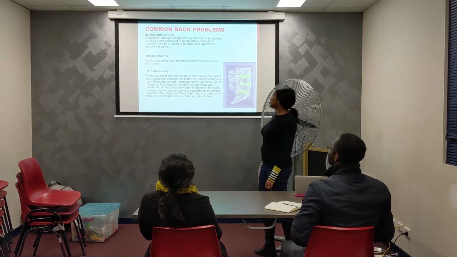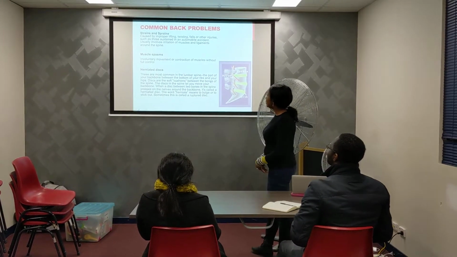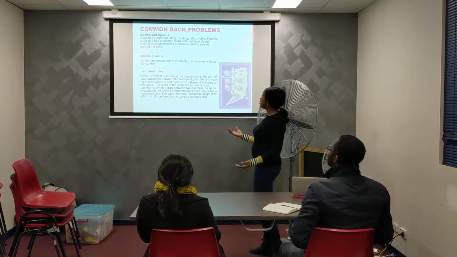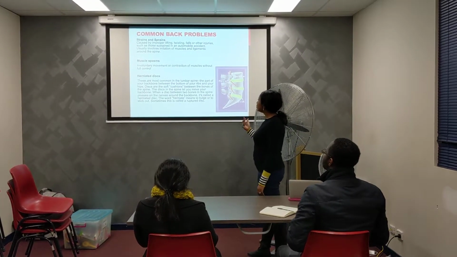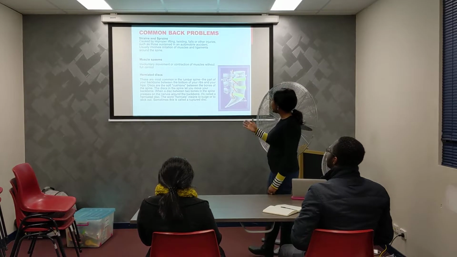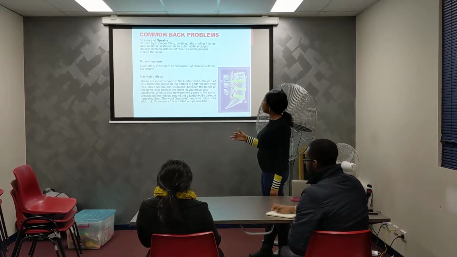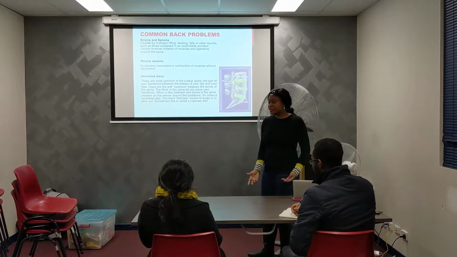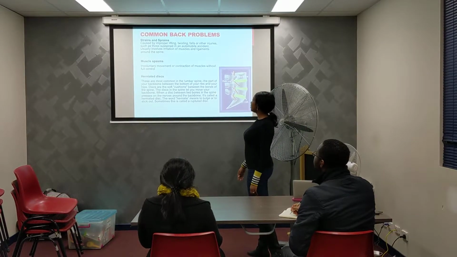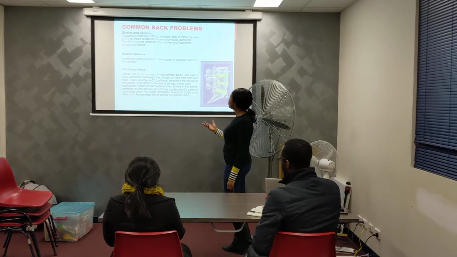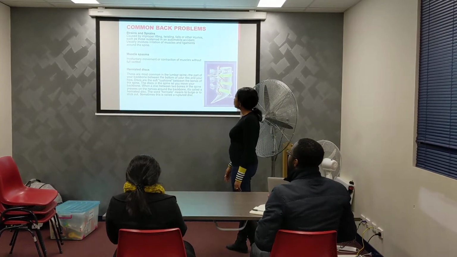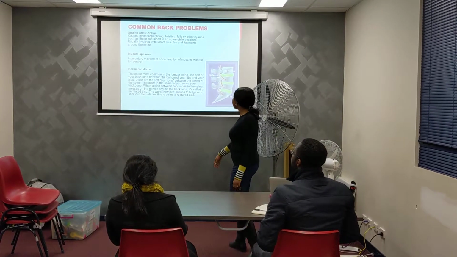Common back problems. There are strains and sprains, which are caused by improper lifting or twisting, falls, or other injuries, such as those sustained in an automobile accident. It usually involves irritation of the muscles and ligaments. Muscle spasms involve involuntary movements or contractions of the muscles without full control. And herniated disc.